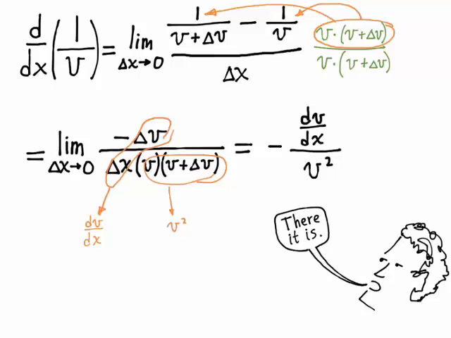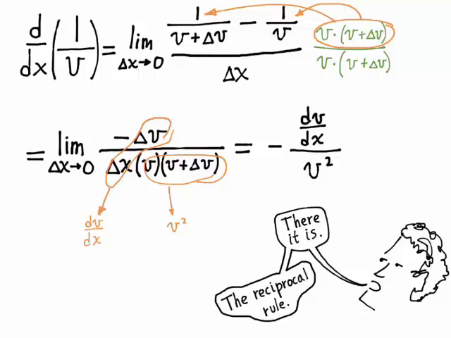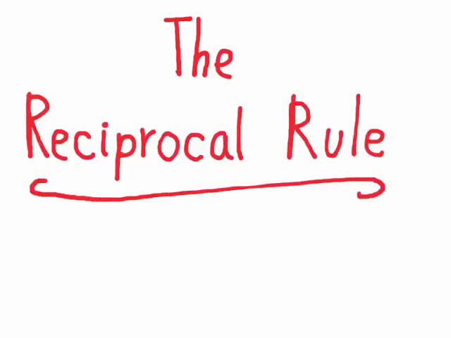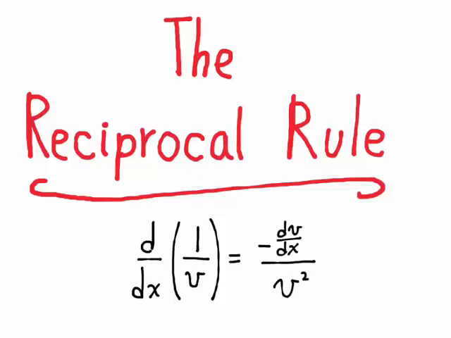And there it is. We now have the reciprocal rule that we were seeking. So let me state this officially. The reciprocal rule says that when you take the derivative of something that has the form 1 over v, you get negative the derivative of the denominator divided by the denominator squared.